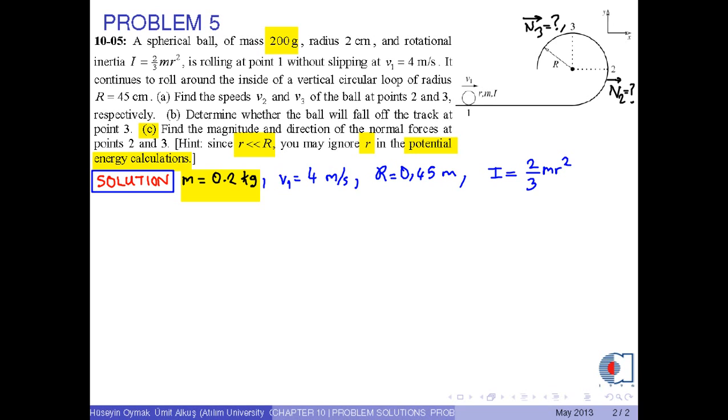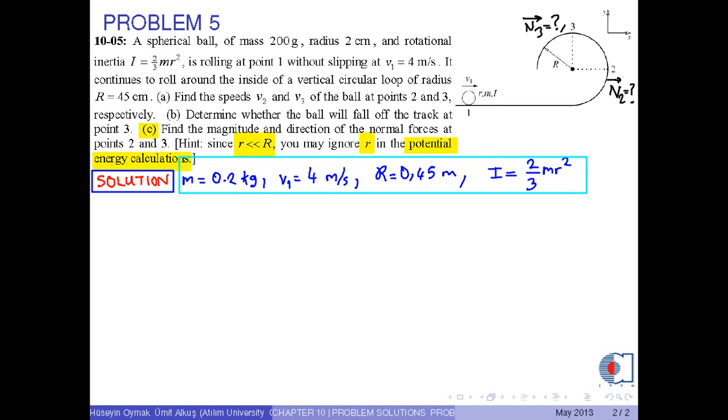Speed v1 equals 4 meters per second. Capital R is 45 centimeters, converted into meters as 0.45 meters. And rotational inertia I is 2 over 3 m times r squared.